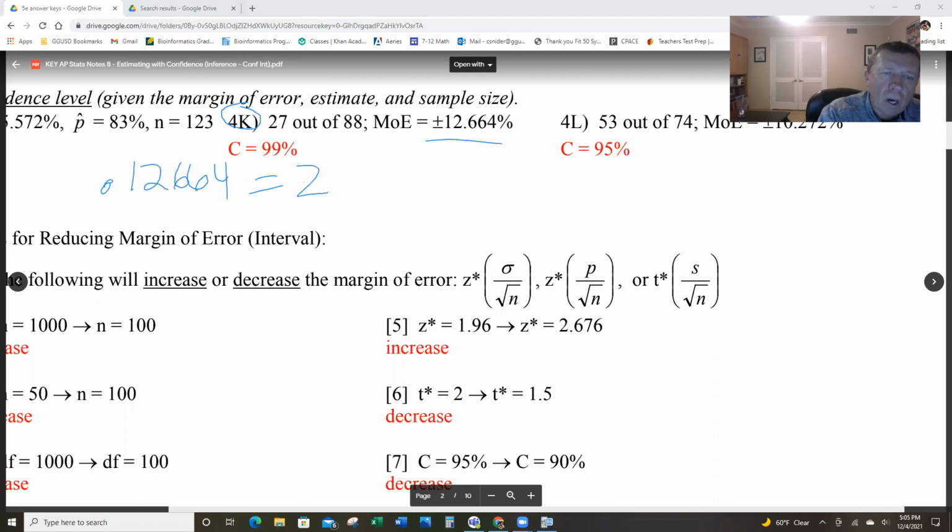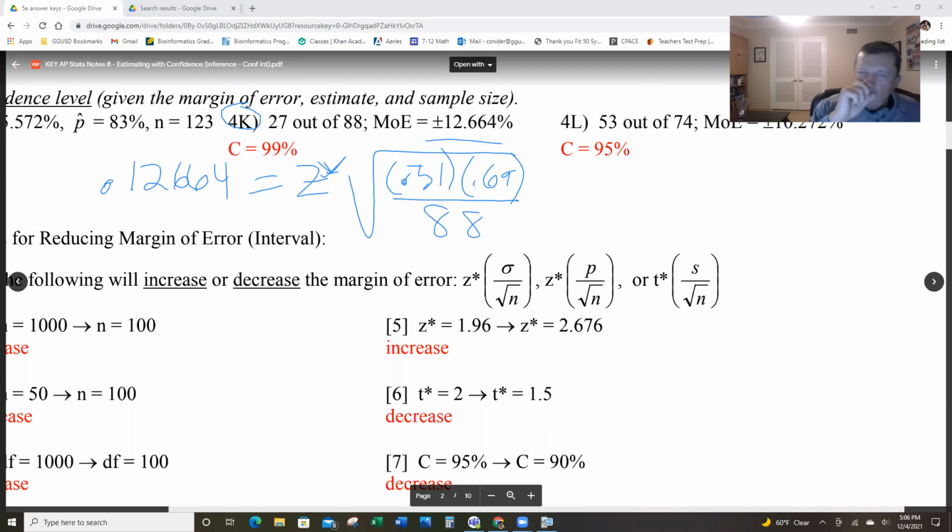It equals Z star times the square root of P, 0.31, I rounded, times 0.69 over 88, P times 1 minus P over N. Now I'm going to solve for this right here first, and you're going to see this on the calculator when I bring it up.